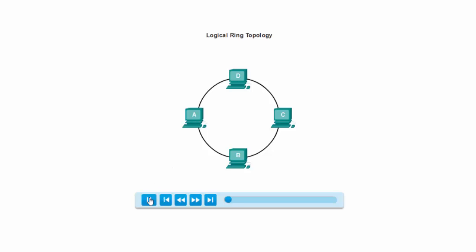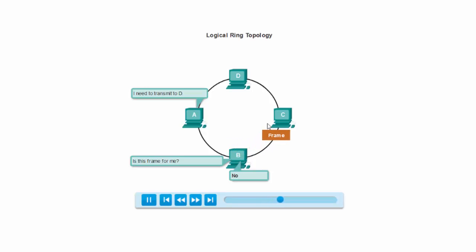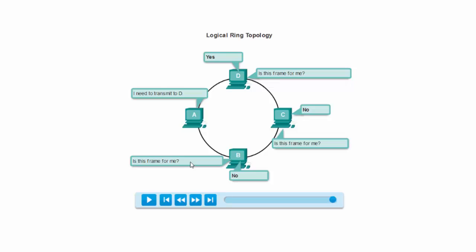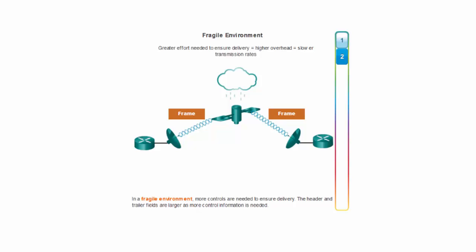So if A has its turn now and it wants to send to D, it sends a frame which goes around the ring in one direction until it gets to D. When it passes through B, B will check the address, see it's not the target of that frame, and pass it to the next node, all the way up to D. D checks the physical address to realize that this frame is destined to D, in which case it consumes the frame and it stops at this point.